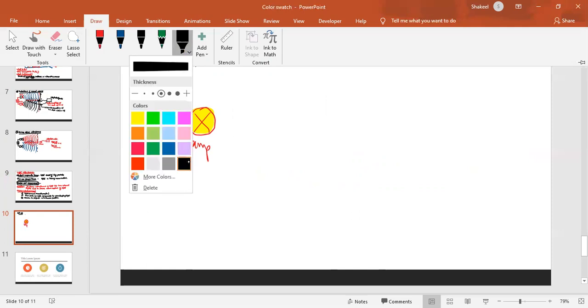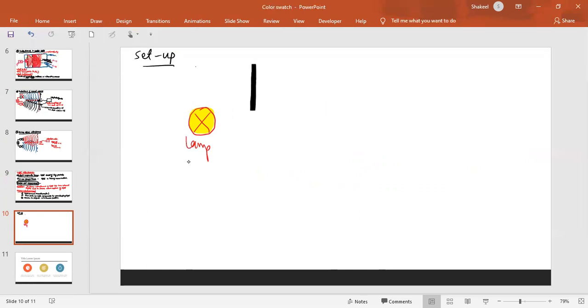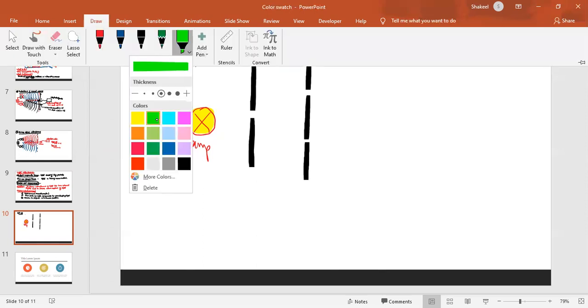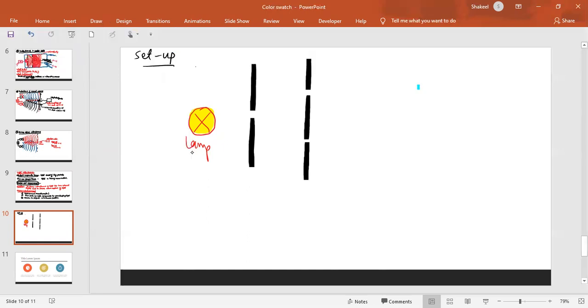Then he placed a single slit in front of it, and at some distance he placed a double slit. Then of course the screen was there to form all the fringes on it. This is the screen on which all the interference patterns will be found.